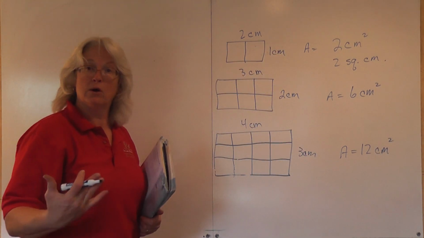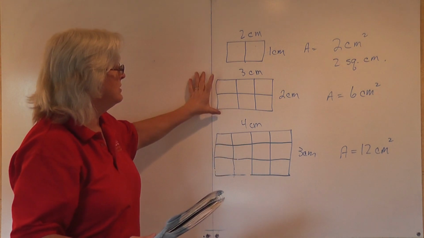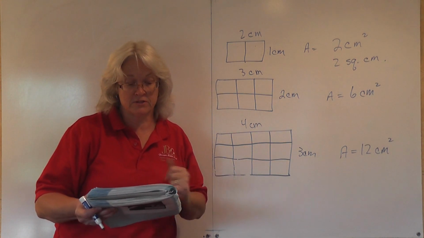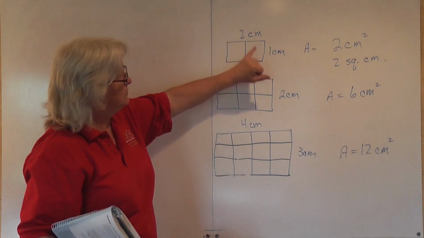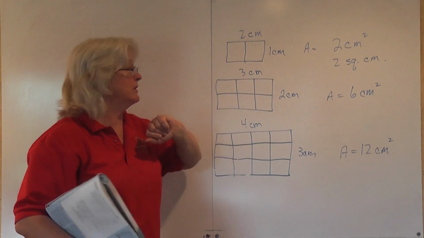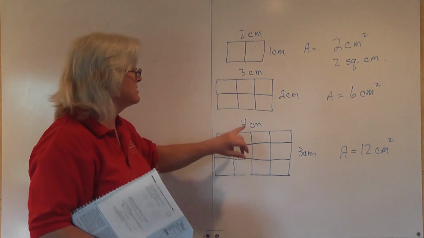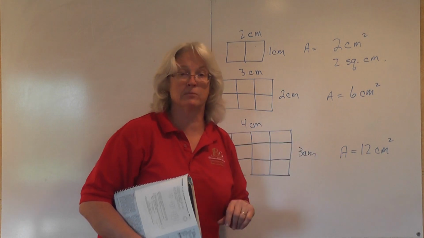Now some of you already know where we're going with this, because there's a formula that you always use when you find the area of a flat surface. I want you to notice. 2 times 1, 2 square centimeters. 3 times 2, 6 square centimeters. Finally 4 times 3, 12 square centimeters.